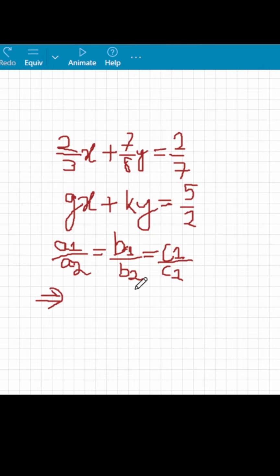Now we know c1 by c2 because both of them are constants, 2 by 7 and 5 by 2. So we can calculate this as 2 by 7 divided by 5 by 2, and that will be 2 by 7 into 2 by 5, so that will be 4 by 35.